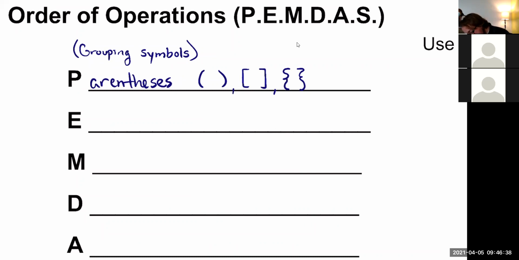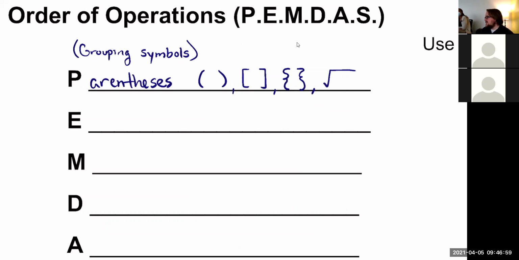And there's actually several more. There's absolute value bars. There's one that we'll get to towards the end of this course called radicals. But all of these symbols have the same purpose in the sense that they group things that are within them.